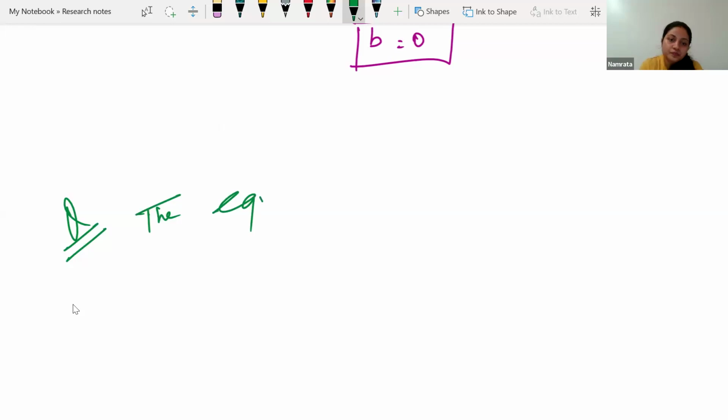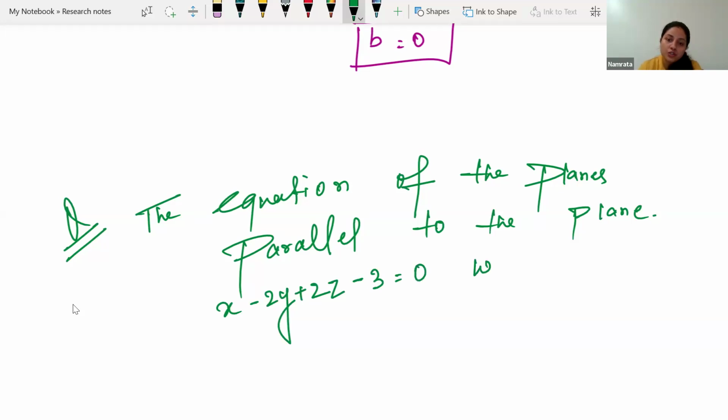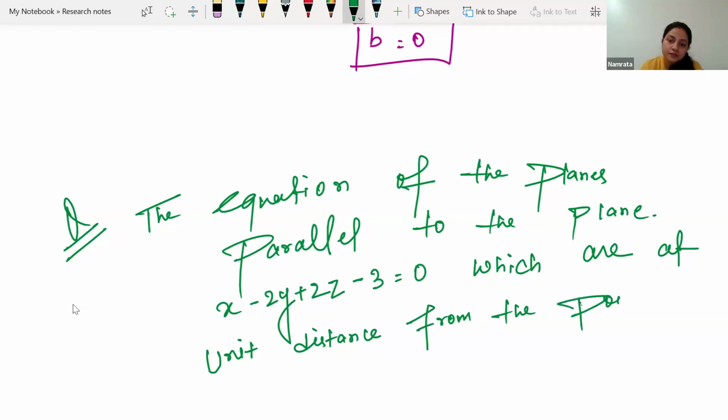So the equation of the planes parallel to the plane x minus 2y plus 2z minus 3 is equal to 0, which are at unit distance from the point (1, 2, 3), is ax plus by plus cz plus d is equal to 0.